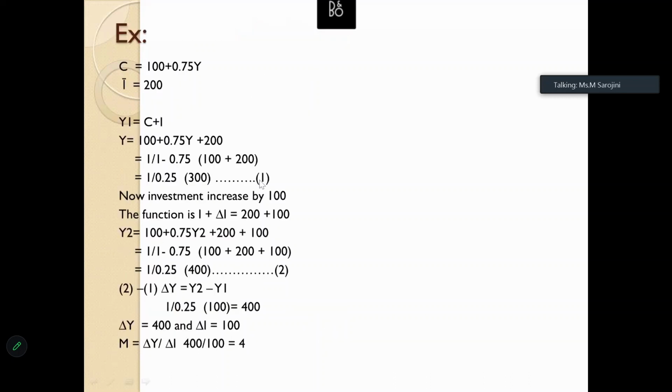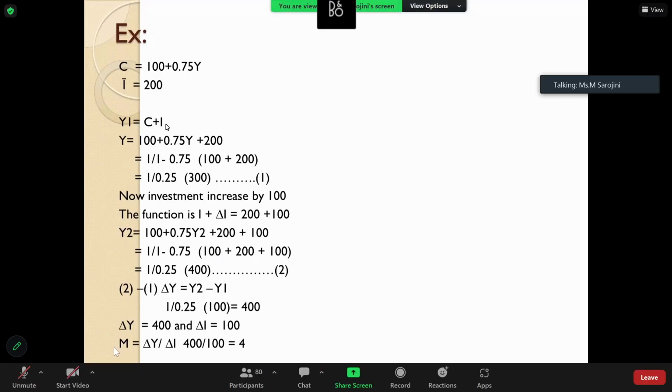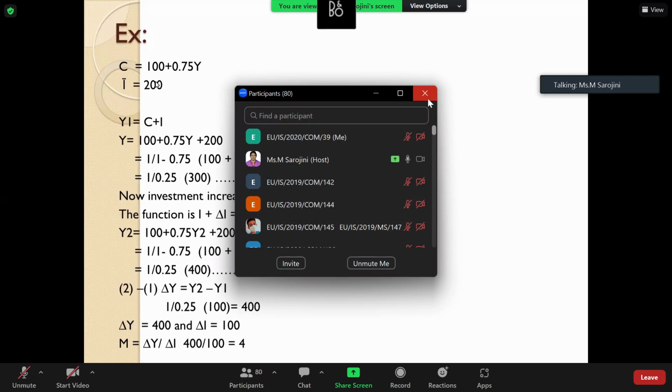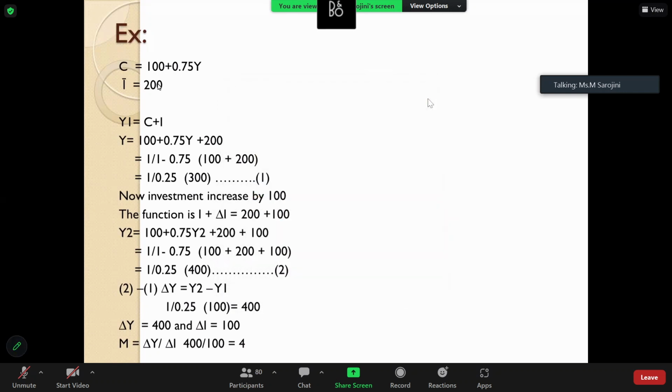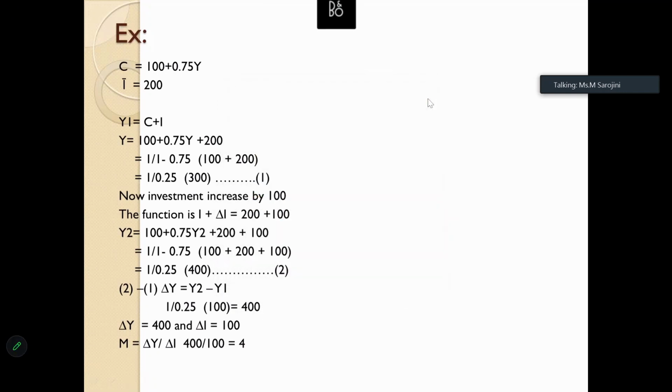And this is the example. Here C is given as 100 plus 0.75Y, and I is given as 200. Here equation 1 is Y1, that is equal to C plus I. Here C and I are already given, so we just substitute these into this equation.